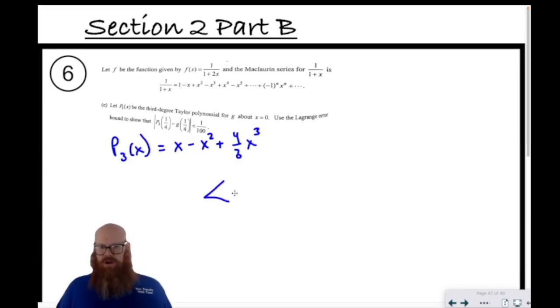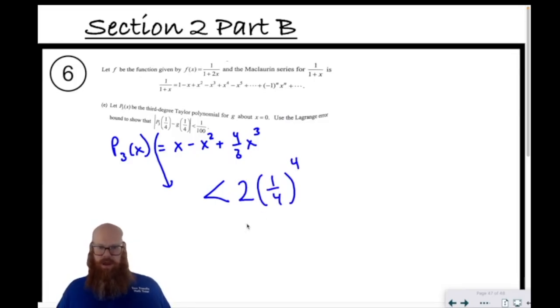So the error is going to be less than 2x to the fourth, because it's the absolute value, and x is 1/4. All right, which is equal to 1/4 to the fourth is 256. 1 over 256 times 2 is 1 over 128.